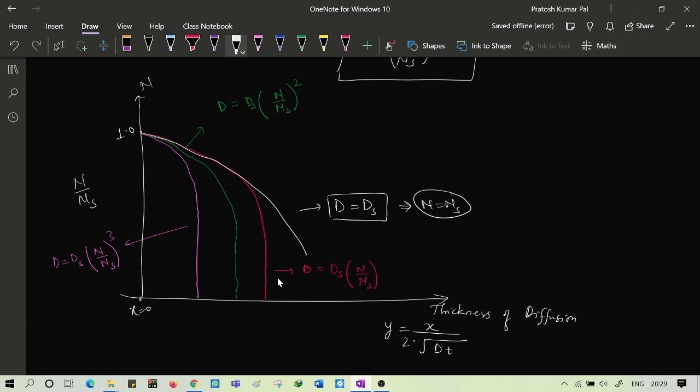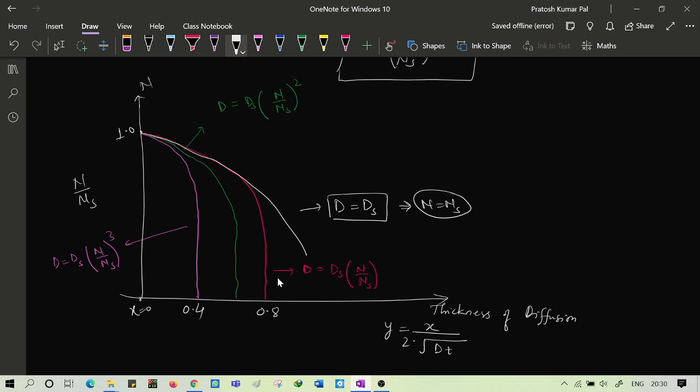So this is how the concentration varies with respect to the thickness of diffusion. This value is coming out to be 0.4, and this value comes out to be 0.8.